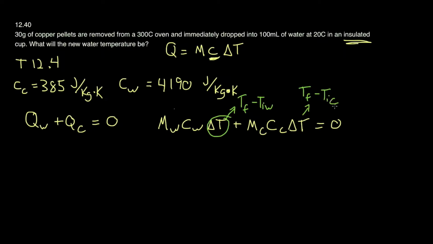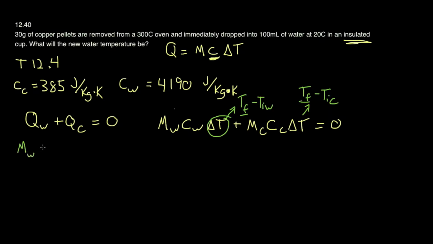of the copper. But something to notice here is that these final temperatures, this one and this one, both have to be the same, right? Because they're going to come into equilibrium with each other. And so this final temperature is what we're trying to solve for. So let's rewrite this equation with that filled in.